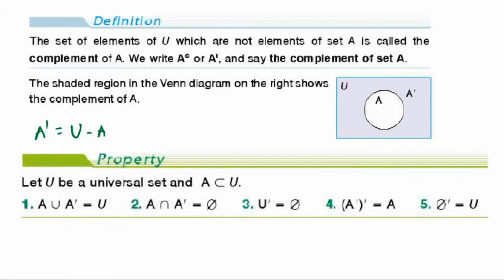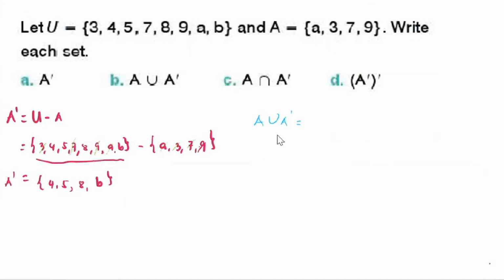So we will prove that by showing the answer for letter B. The elements of A are A, 3, 7, 9. And we solved earlier the elements of A complement, which are 4, 5, 8, B.